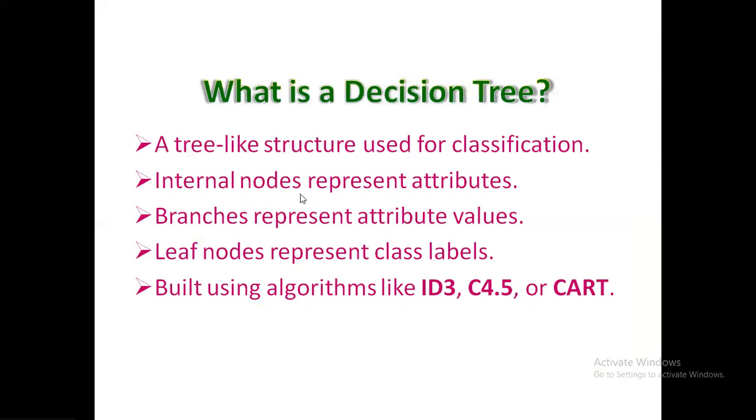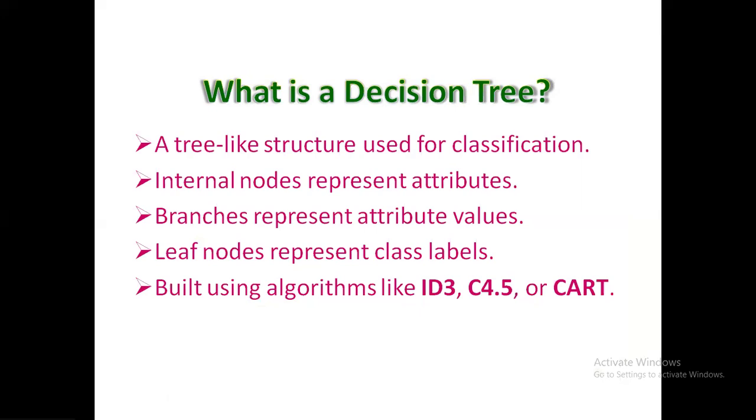A decision tree is a flow chart like structure. How are we calling it a flow chart like structure? A decision tree resembles a flow chart where each internal node represents a test on the attribute. Each branch represents the outcome of the test, and each leaf node represents a class label.